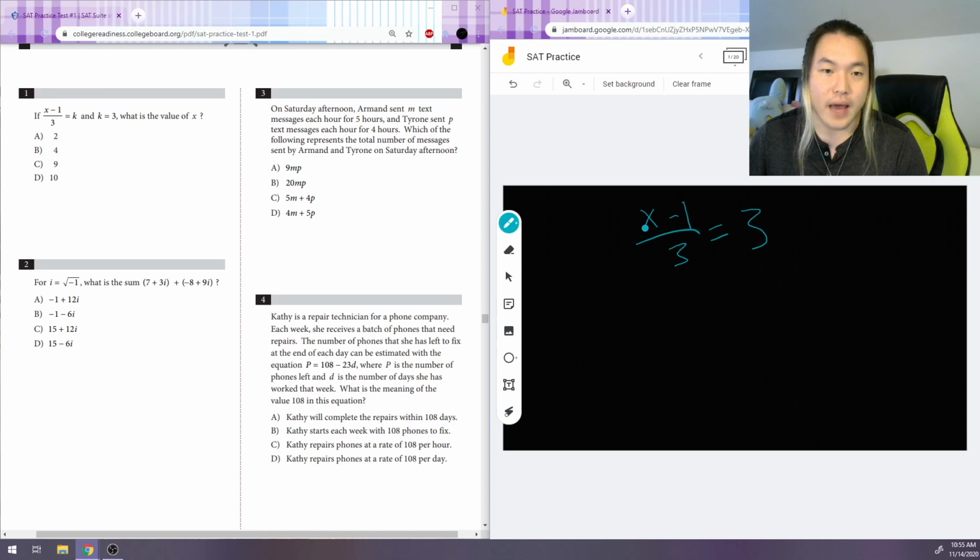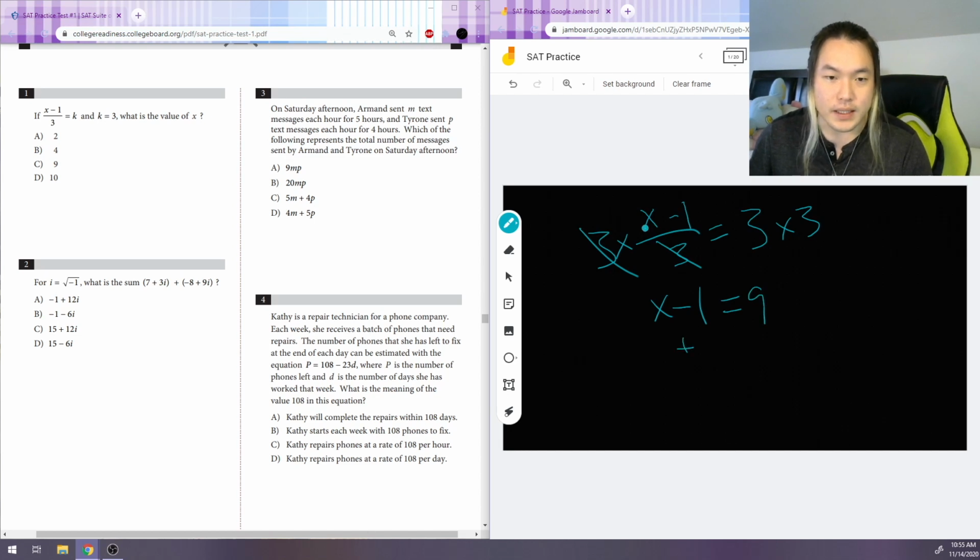We have a minus 1 and a divide by 3. In this scenario, you want to multiply by 3 first. So we can cancel this 3 on the bottom here. We get x minus 1 equals 9. We need to get rid of this minus 1, so we add plus 1 to both sides to get x equals 10. The correct answer for number 1 is choice D.